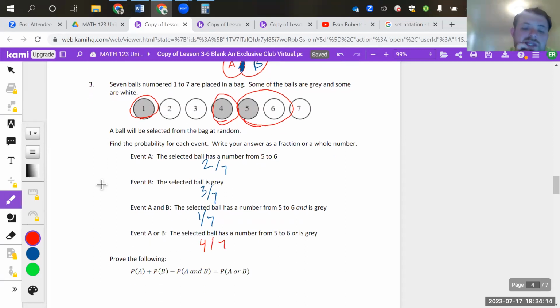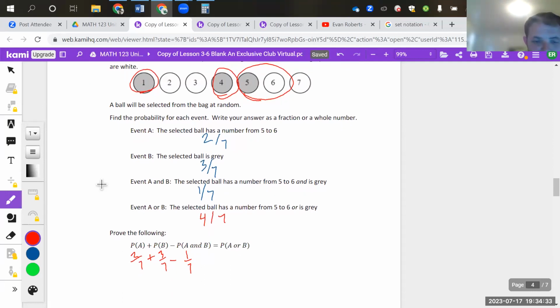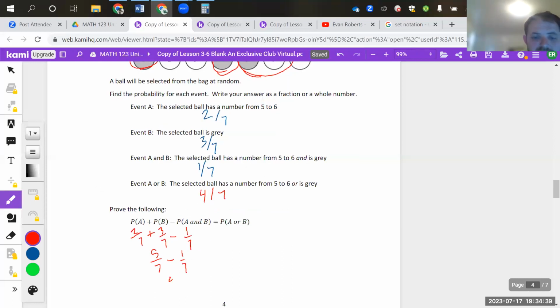So essentially what this next question asks you to do is plug in these numbers to see how it works. The probability of A was 2 out of 7. The probability of B was 3 out of 7. Probability of A and B was 1 out of 7. And so when I reduce that down, I get 5 out of 7 minus 1 out of 7, which is equal to 4 out of 7.